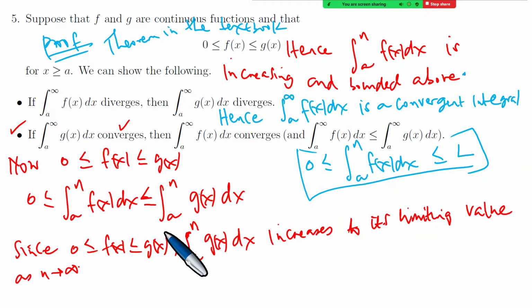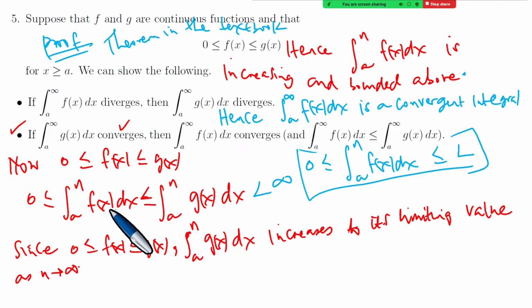Because g is convergent, it has a limiting value and therefore it's finite.